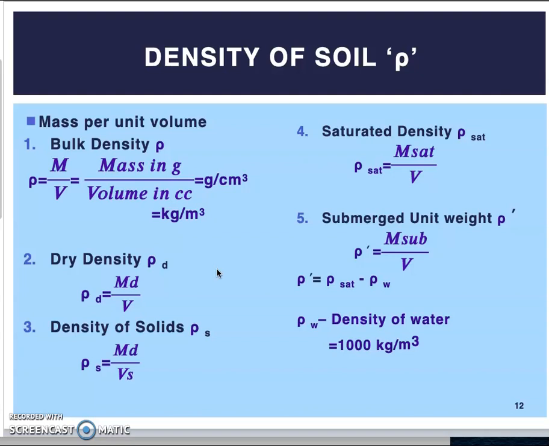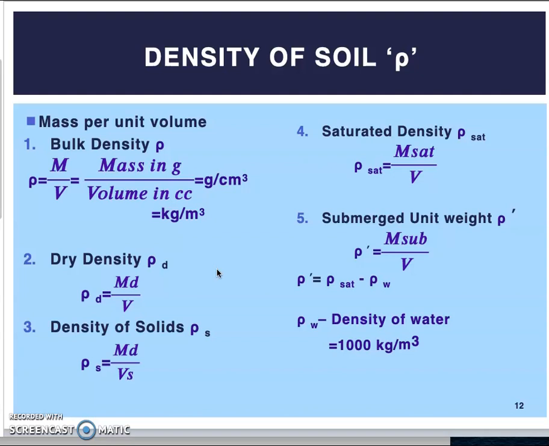Density of solids will be the same dry mass divided by, not the total volume of soil, but the volume of only solids. So you're not going to consider the volume occupied by voids, you're only going to consider the volume occupied by solids, right?